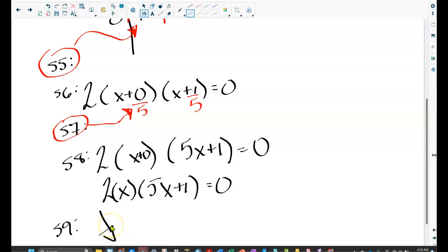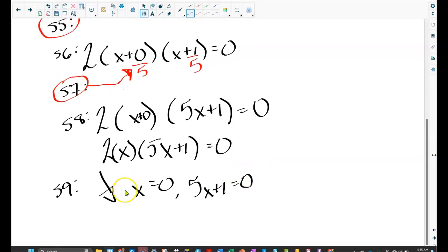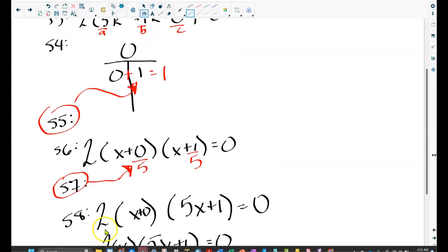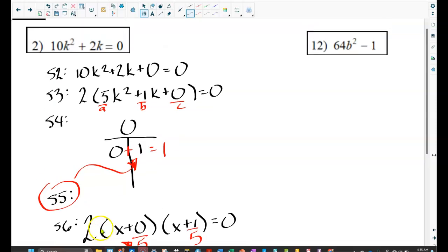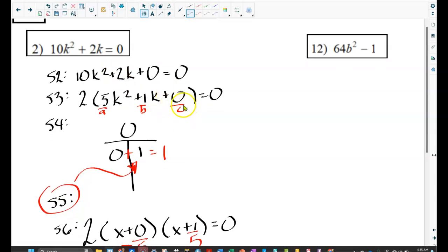Then you can check your answers here. You put this one, x equals 0 and 5x plus 1, so you can check that. Alright, let's move on to this one over here. Notice the C was missing, so we just filled it in with a 0, no big deal.